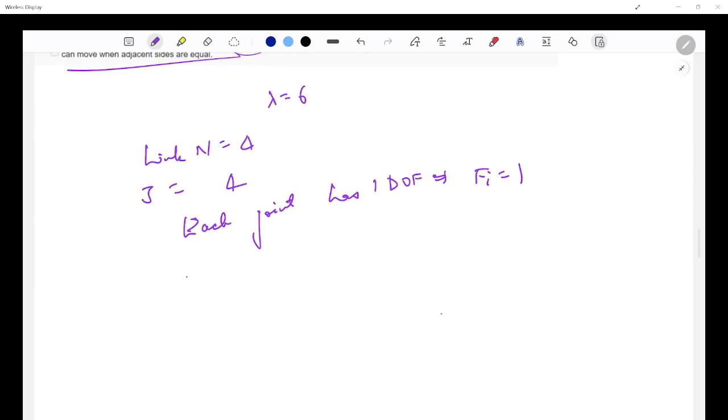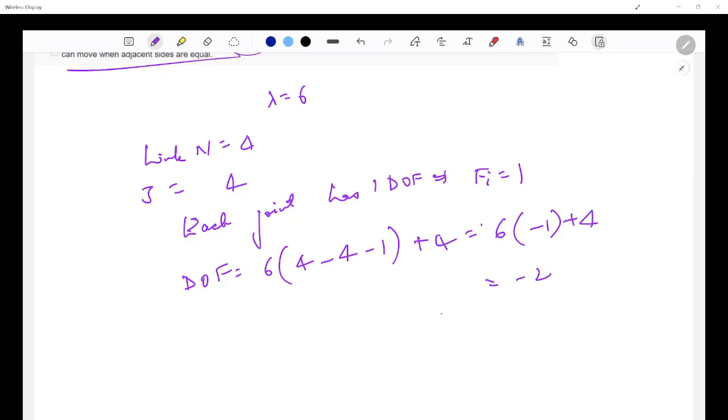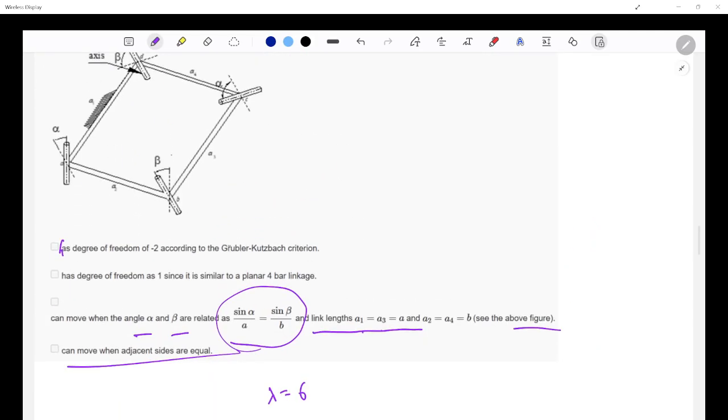When you apply the formula, it is 6 into (4 minus 4 minus 1) plus 4, which is 6 into minus 1 plus 4, which is minus 2. So, Grubler predicts degrees of freedom to be equal to -2. So, this is the correct option, right?